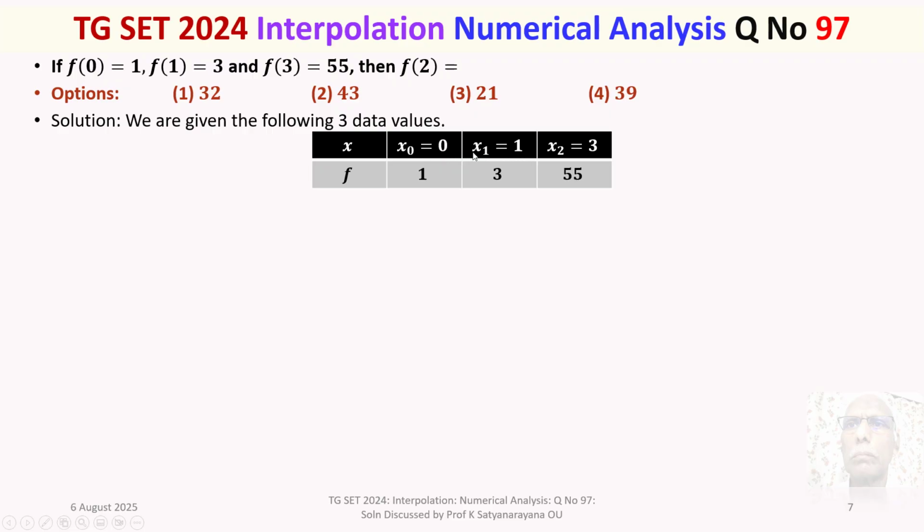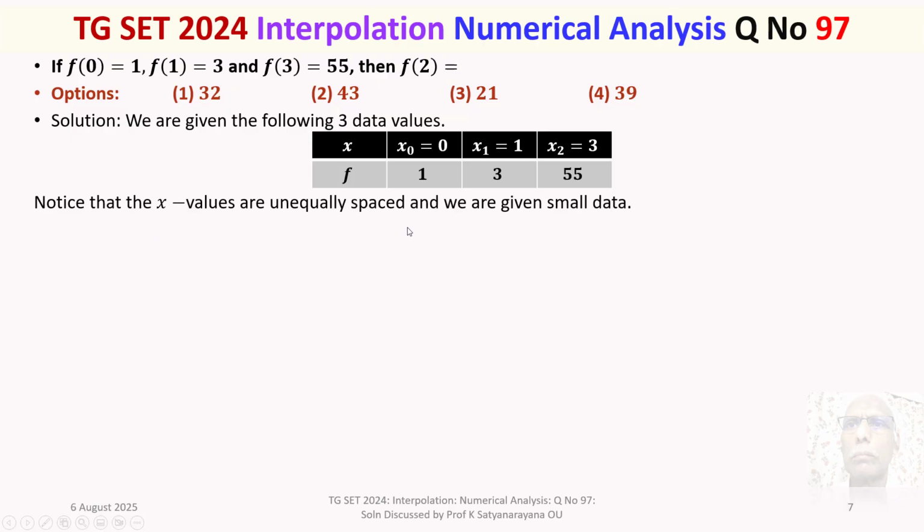They are not equally spaced. Here x1 and x0 differ by 1, x2 and x1 differ by 2. So, the corresponding values are written here: 1, 3, 55. Note that the x values are unequally spaced.